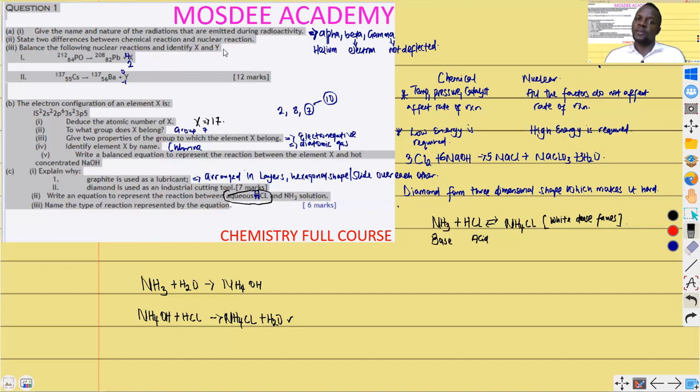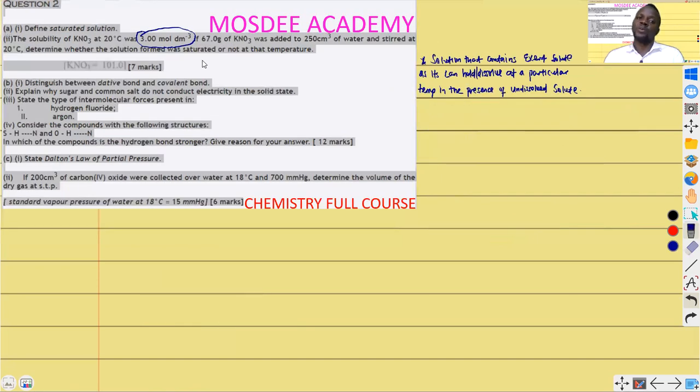If 67.0 grams of potassium nitrate was added to 250 centimeter cube of water and stirred at the same temperature of 20 degrees Celsius, determine whether the solution formed was saturated or not at that temperature. We are given in bracket KNO3 is 101.0. So we can do that from what we've learned. The solubility is in mole. We can convert it to gram so that we can solve.